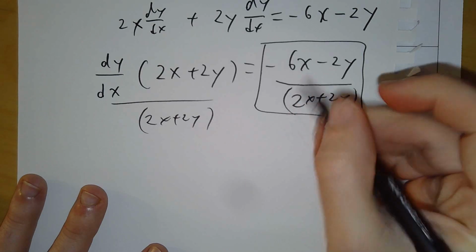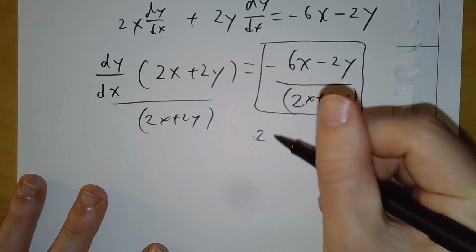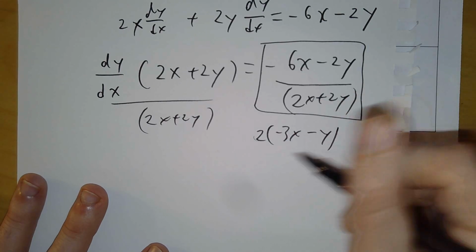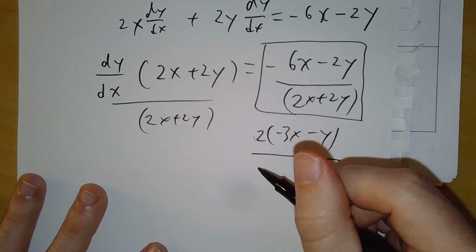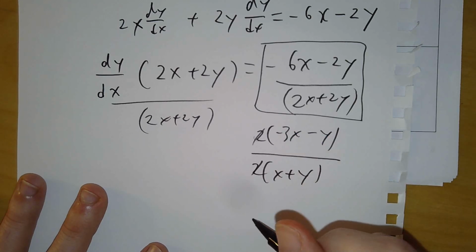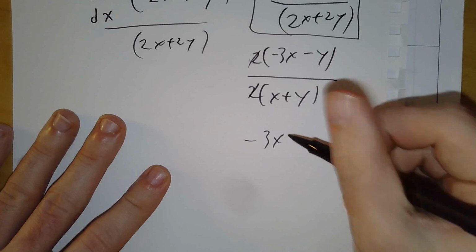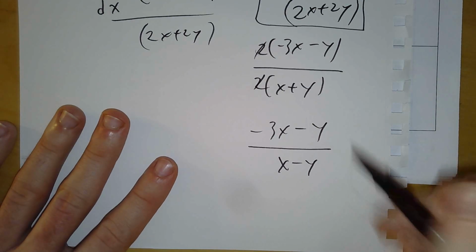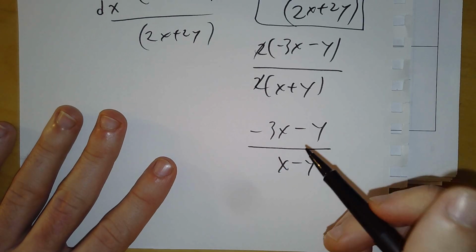So if I divide everything by 2, I'll show you what I mean by that. Negative 3x minus y over 2x plus y, right? And these 2's will cancel. So now I just have negative 3x minus y over x plus y. And even from there, I can actually factor out a negative 1 out of the top of this.